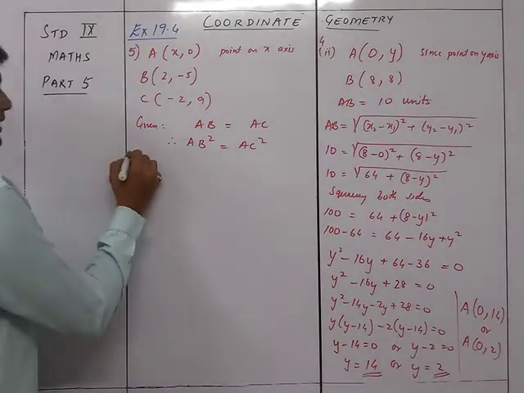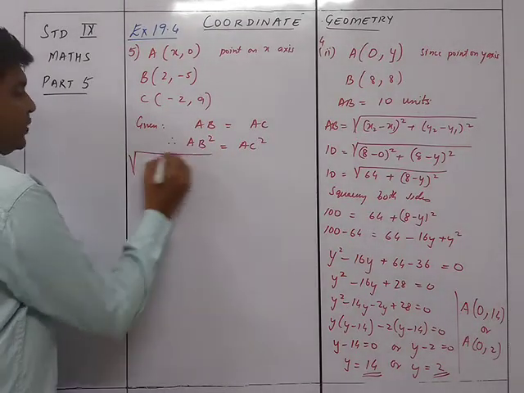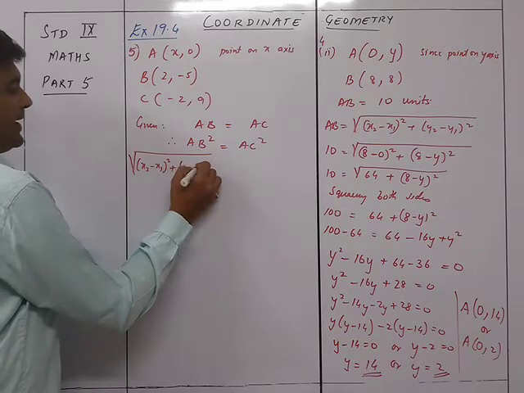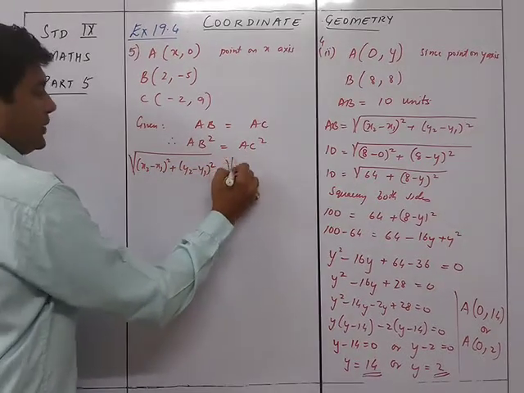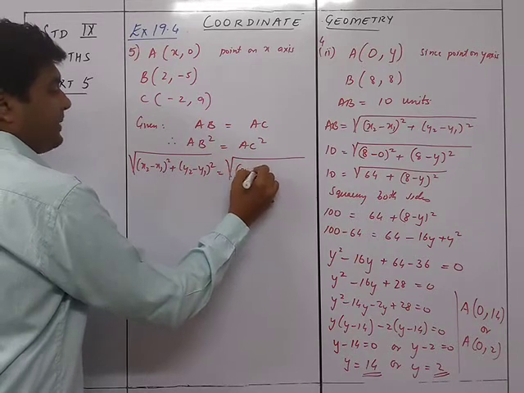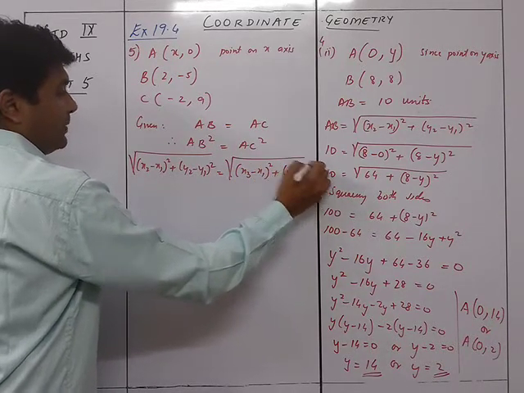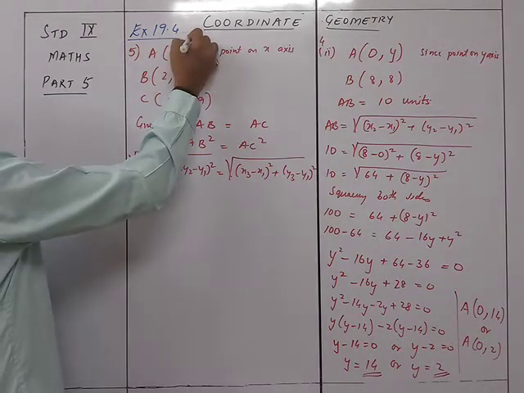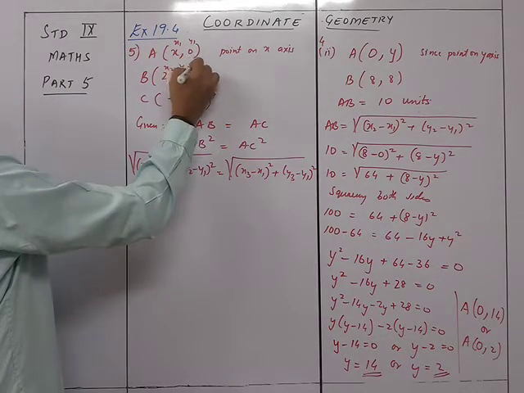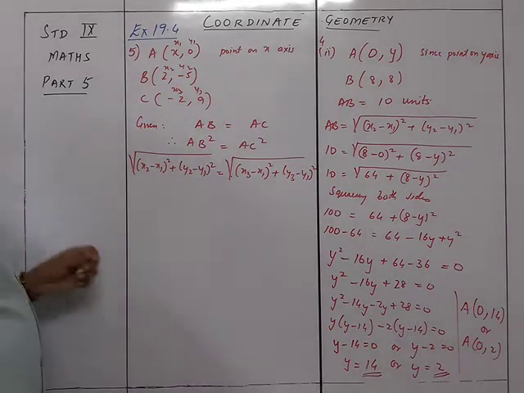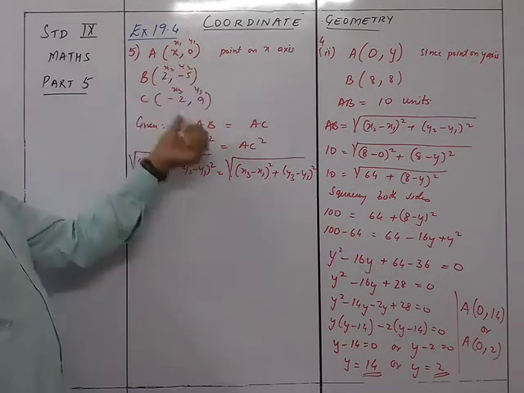Right? Therefore, over here, you will get square root of x2 minus x1 the whole square plus y2 minus y1 the whole square is equals to square root of x3 minus x1 the whole square plus y3 minus y1 the whole square. Because here I am taking this as x1 y1, this is x2 y2 and this is x3 y3. Distance AB and distance AC are equal.